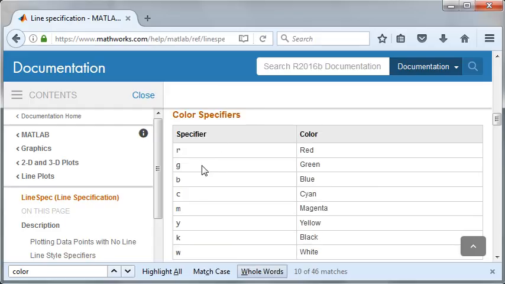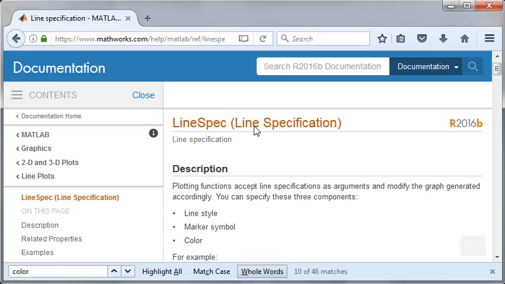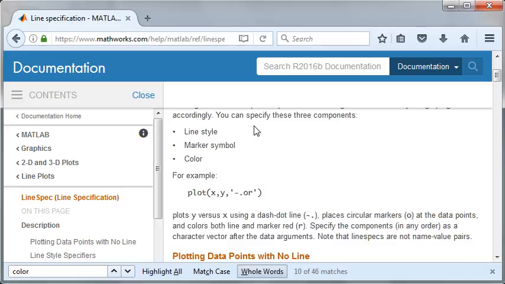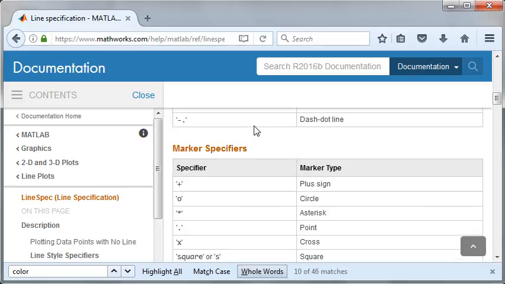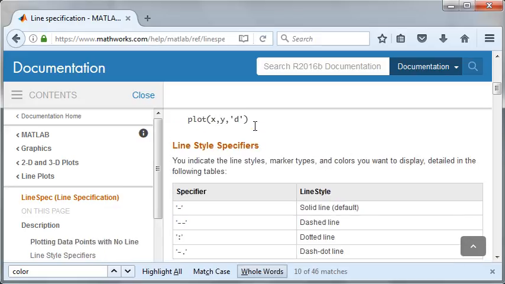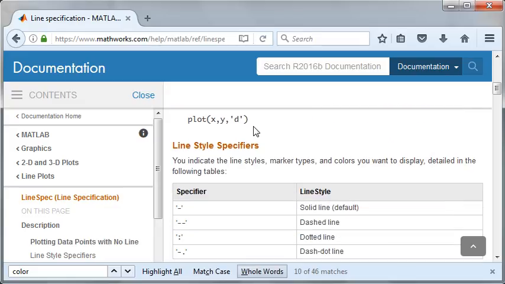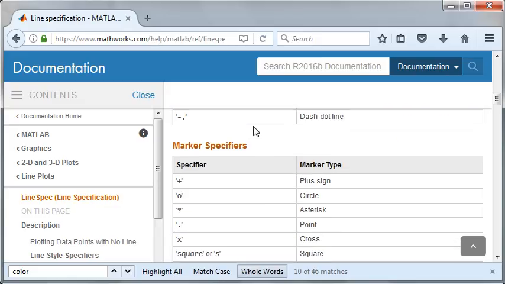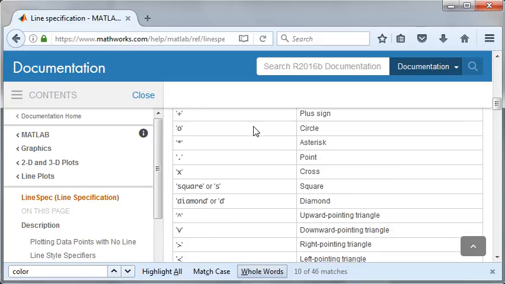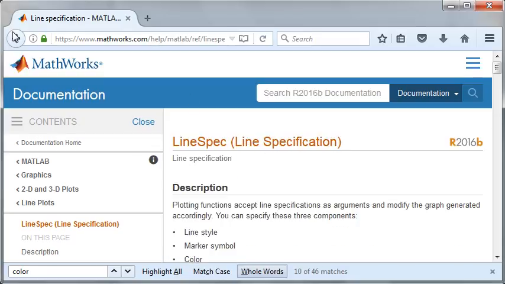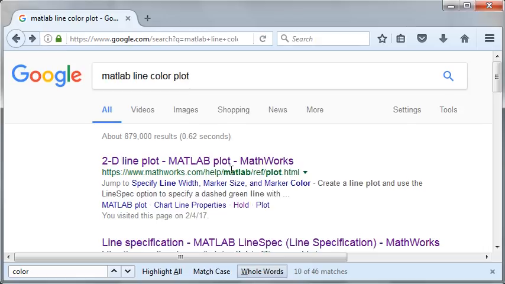Color specifier screen. Okay. Alright. I think I gotta say I used both of those. So I used this.